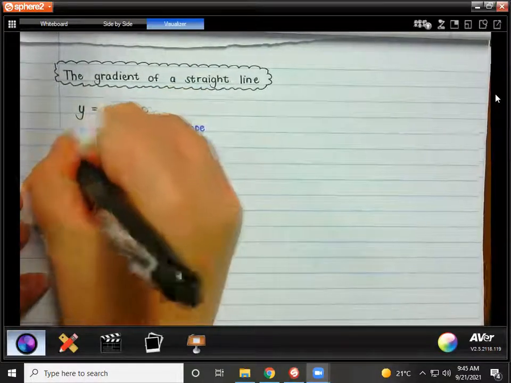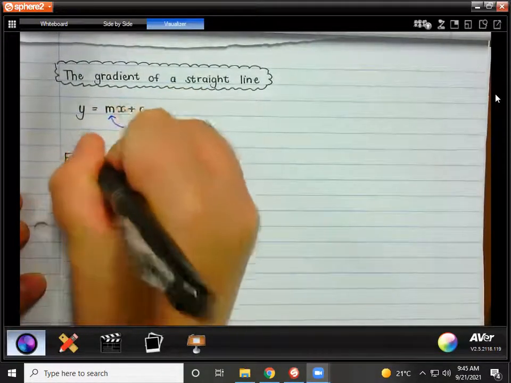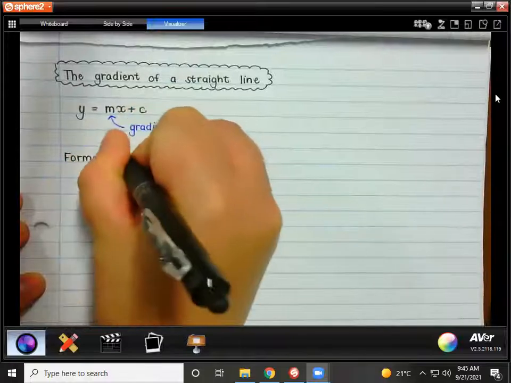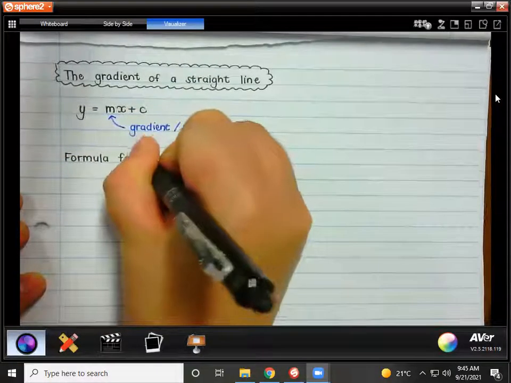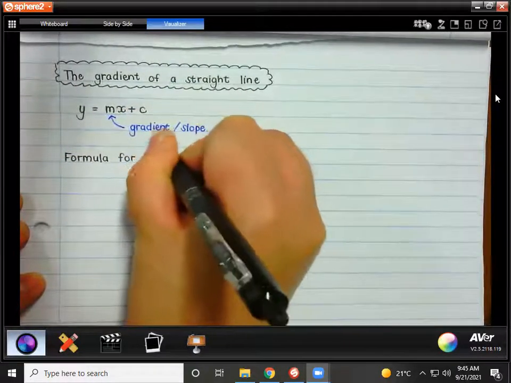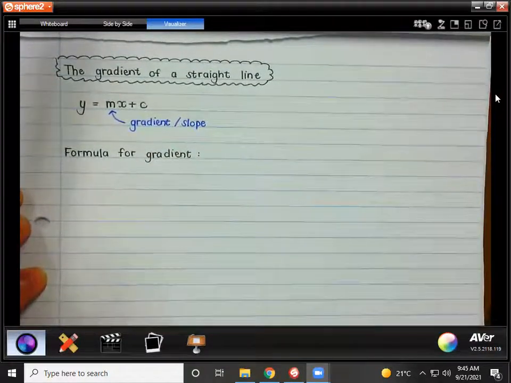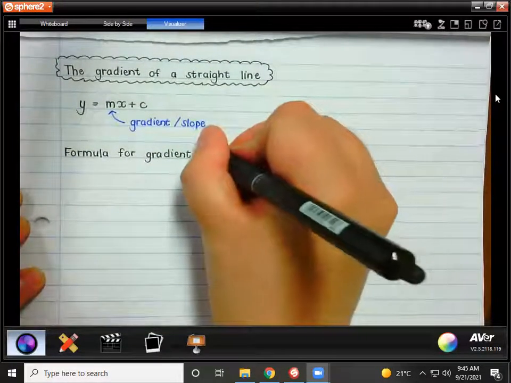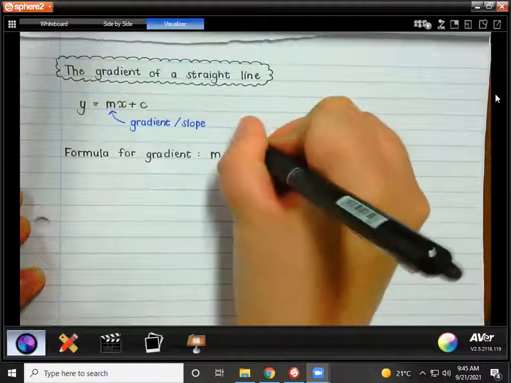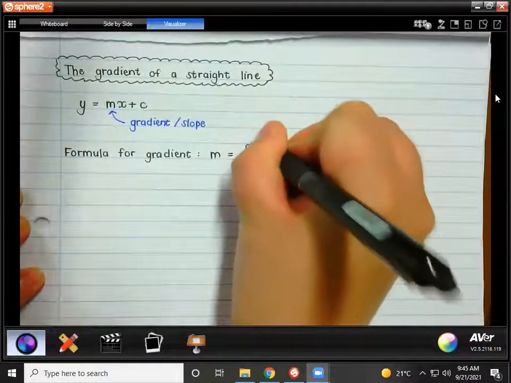Okay, now we're going to start discussing the formula for the gradient. I'm going to show you how you can calculate the gradient if they ask you to. And we have actually written this down before.